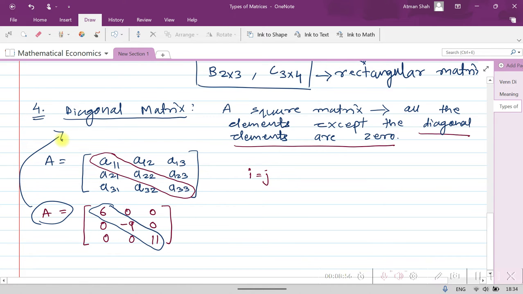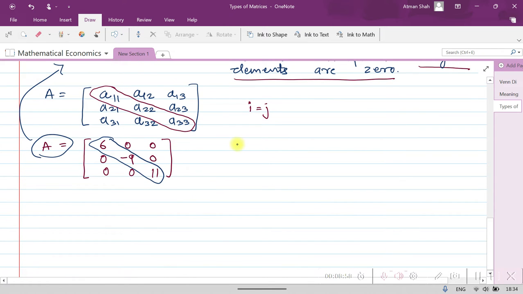Now we have scalar matrix. What do we mean by scalar matrix?